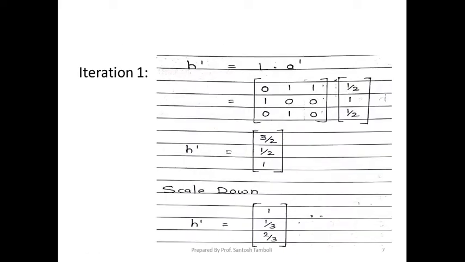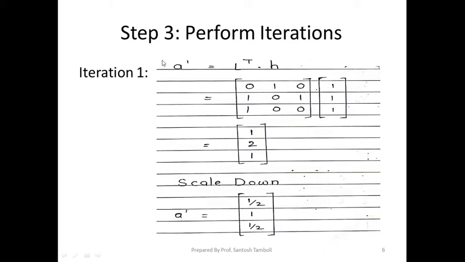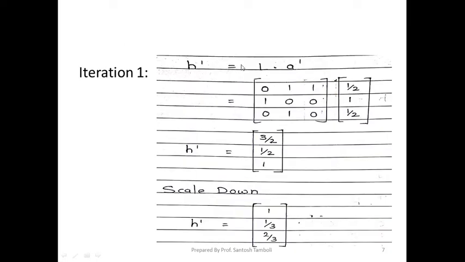Now iteration 1 for the hub. How do we find the hub? H1 is nothing but L into A1. A1 we already calculated in iteration number 1, but for the authority we used L transpose, whereas whenever we calculate the hub, we need to consider L, not L transpose.